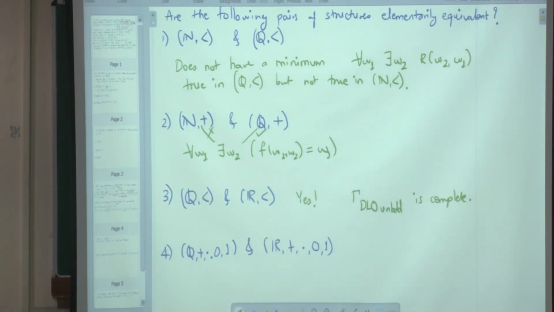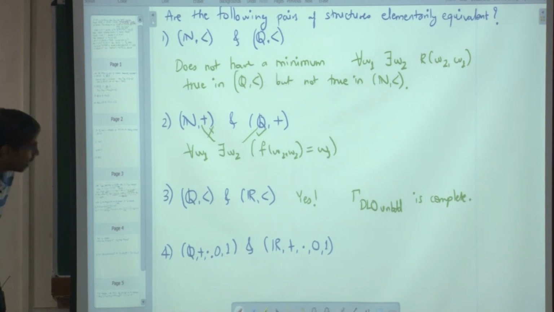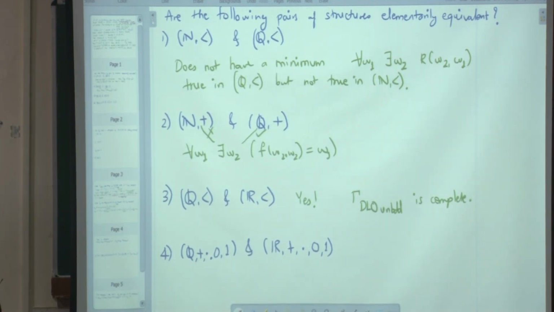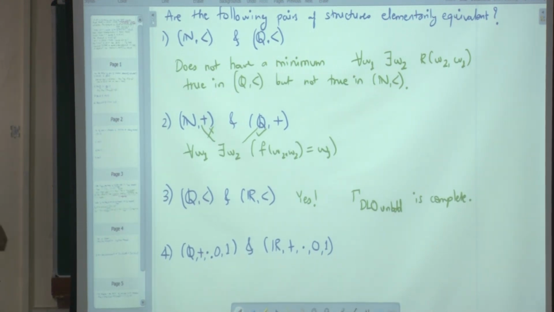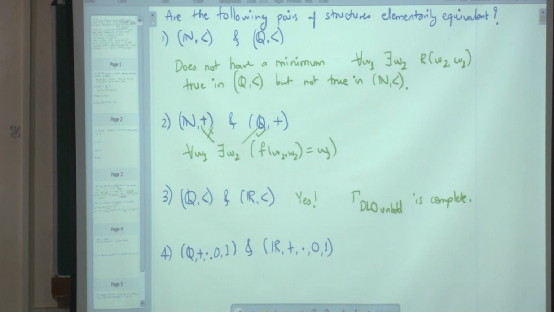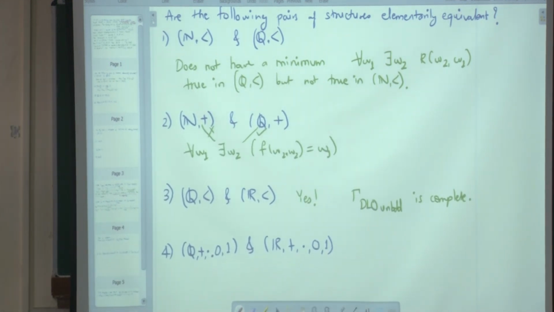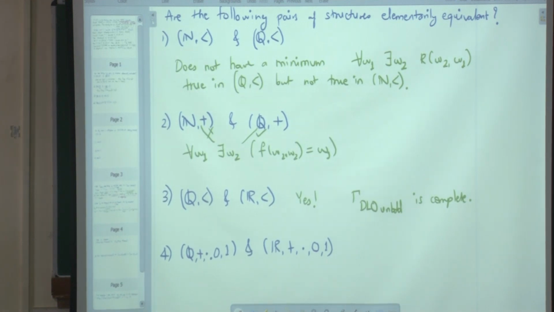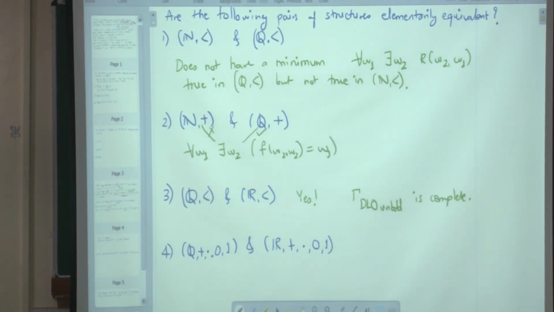Okay, the last one, the ring of rationals and the ring of reals. No? Yes? Tell me why. If we can isolate positive numbers, we can do the square. Positive numbers, okay. We can then say that every positive real number has a square root. Very good.